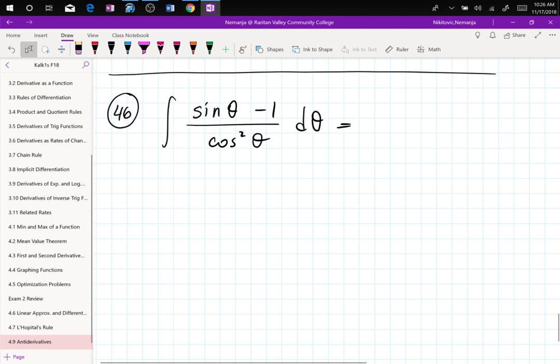So, when you look at this problem, we have 2 terms in the numerator and a single term in the denominator, which means that you can split this into two fractions and then use trig identities to write the simplified versions.